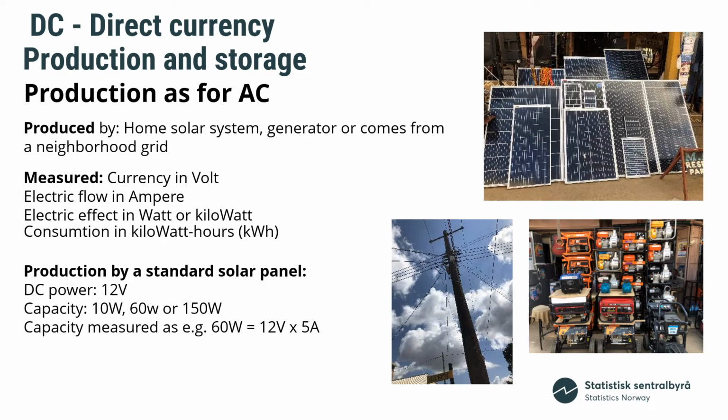A household may produce DC power by a solar panel, a windmill, or a generator. The concepts for volt, ampere, watts, kilowatts, and kilowatt hours are the same for both AC and DC power.